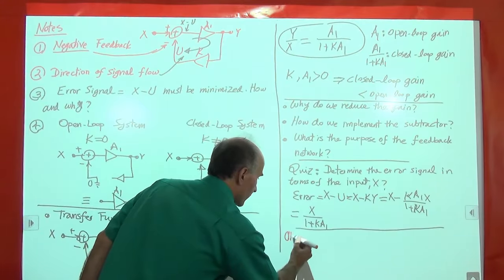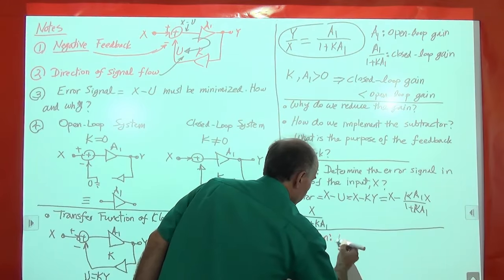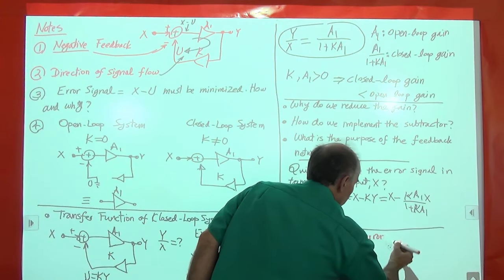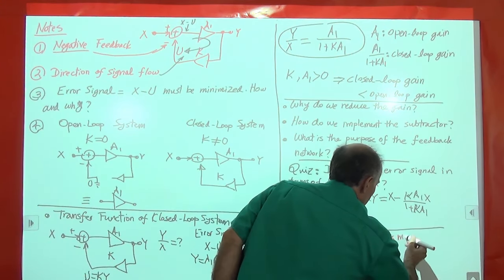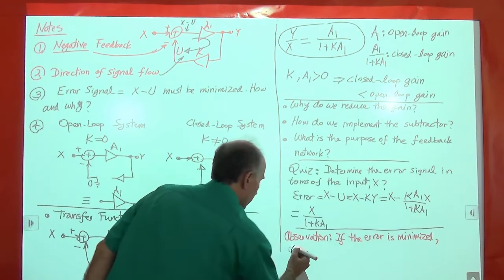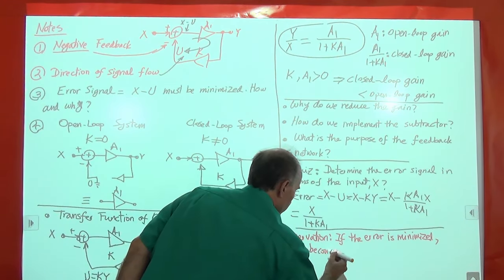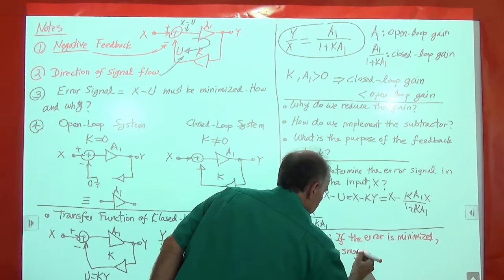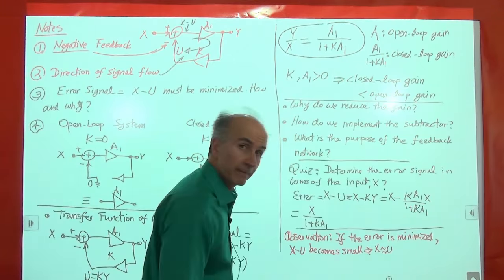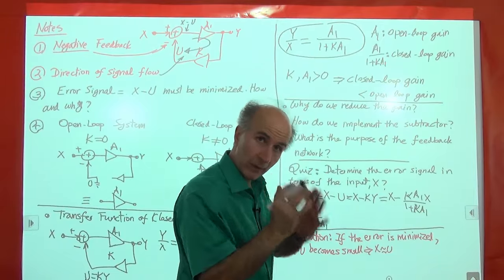Observation: if the error is minimized, we don't know why yet, then X minus U becomes small, which means X and U become approximately equal. So that means that the feedback signal U becomes very similar to X, to the input signal.